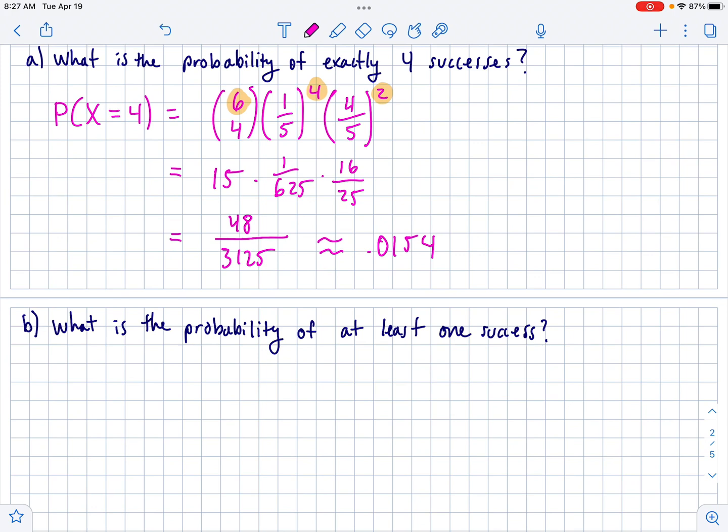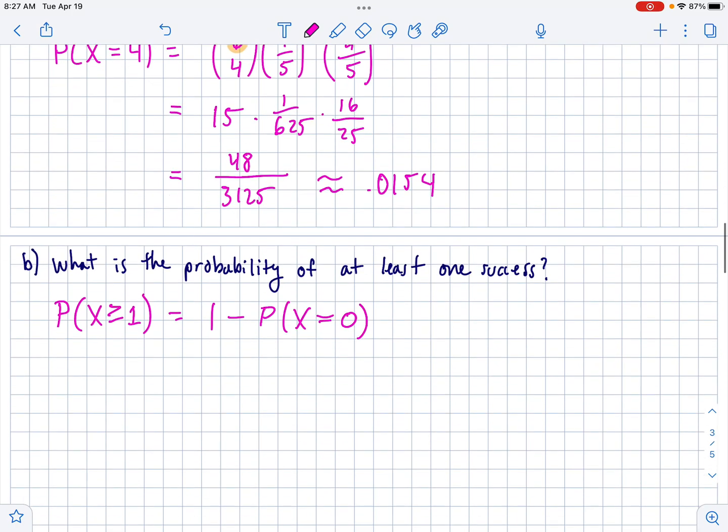Part B, what is the probability of at least 1 success? Well, that would be the probability that X is greater than or equal to 1. But just like our last unit on probability, the probability of at least 1 is the same thing as 1 minus the probability of none. So none would be X equals 0.